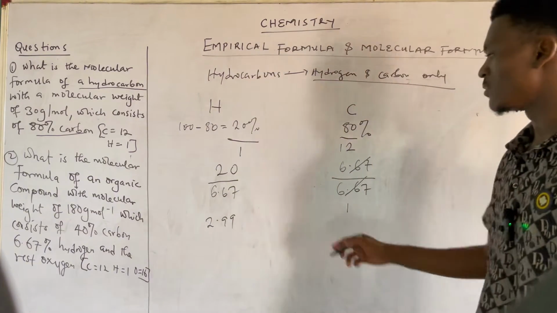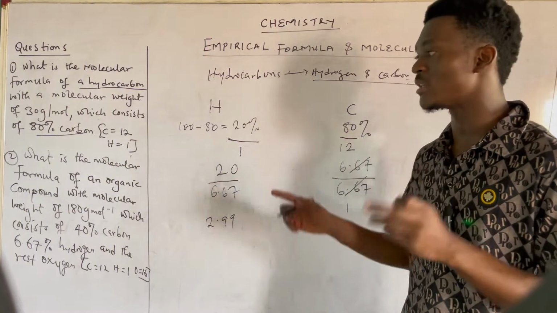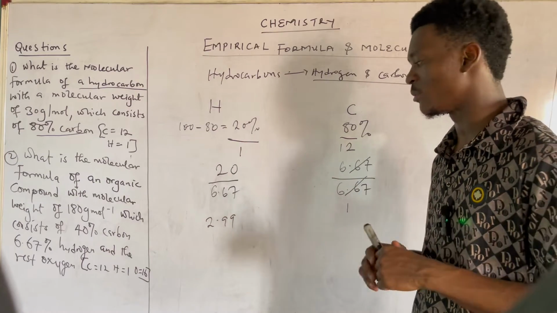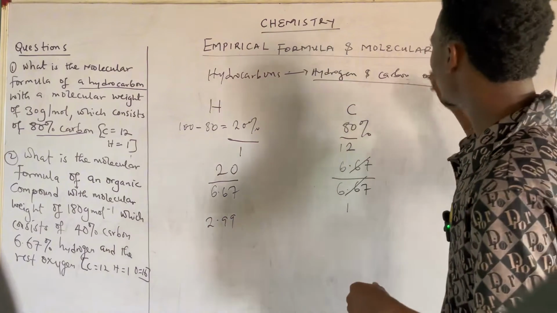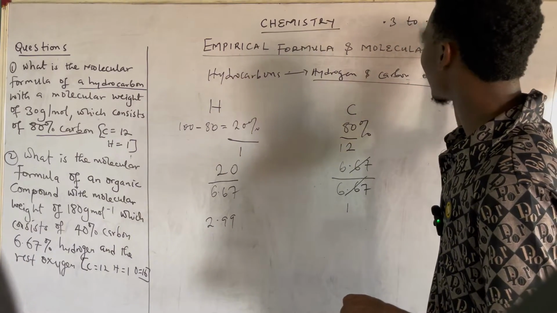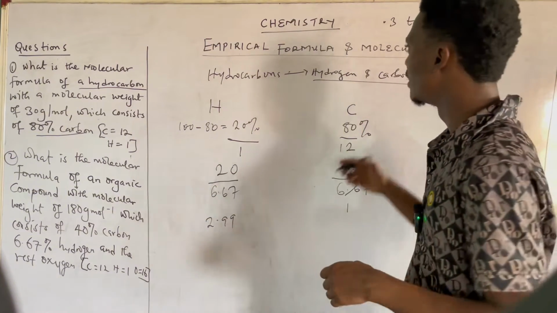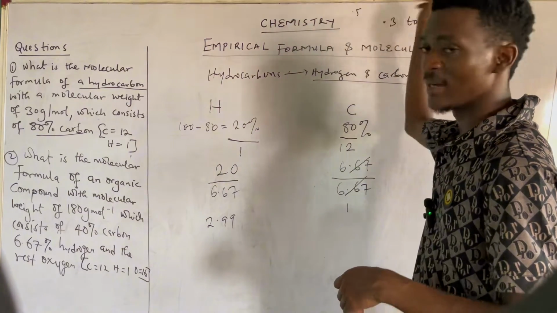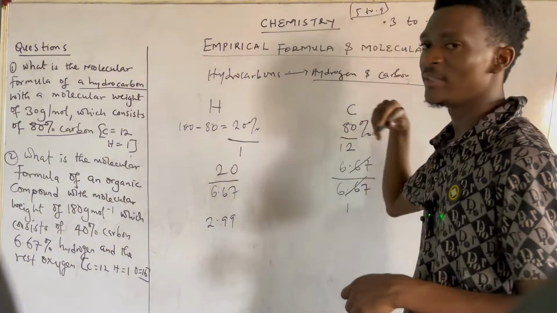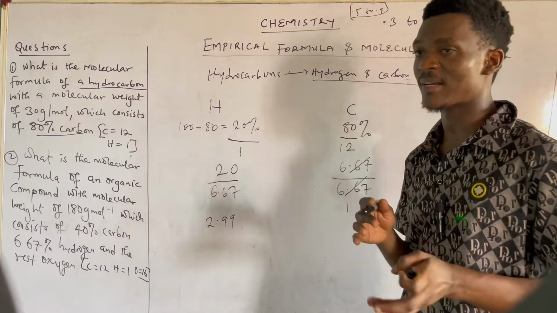Now, pay attention, this is a very important thing you need to take note of in empirical formula. Whenever you are determining the empirical formula, when you have 0.3 through to 0.7, you cannot approximate. Normally in mathematics, you've been told that from 0.5 and above to 0.9 you can round off, and from 0.0 or 0.1 to 0.4 you cannot round off.